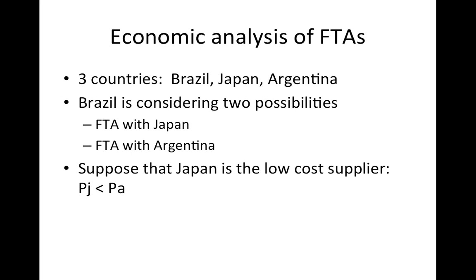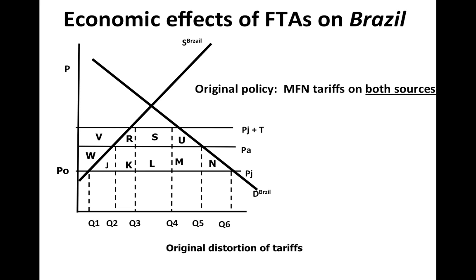And we'll do this in the context of Japan being the cheaper source of this product in the international market. So PJ, the price in Japan, is less than the price of Argentina, PA.